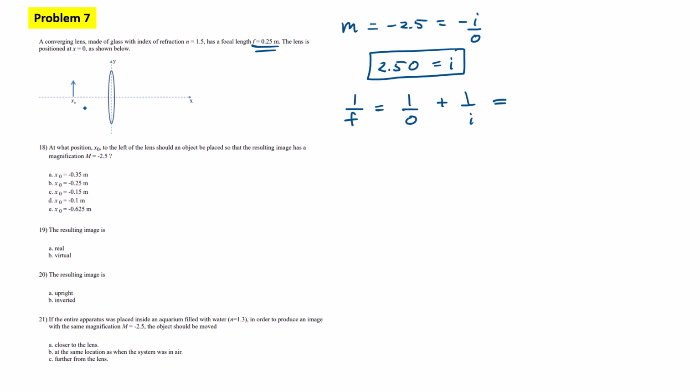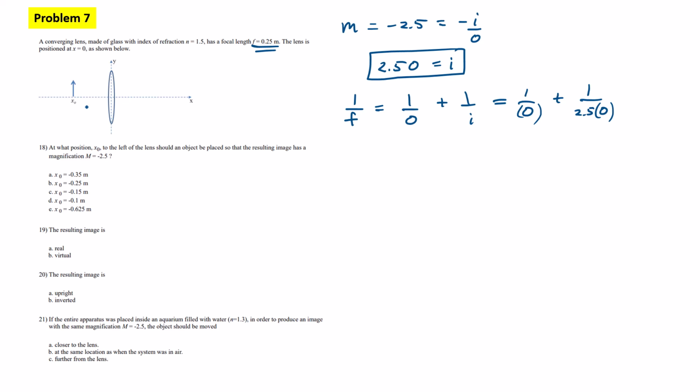What I'm going to do is eliminate I in the second equation using the first one. So I have 1 over O plus 1 over 2.5 multiplied by O. Be careful, this is an O, it's not a 0. Now we simply substitute. O is the only unknown in this second equation, so all we have to do is a little bit of math.